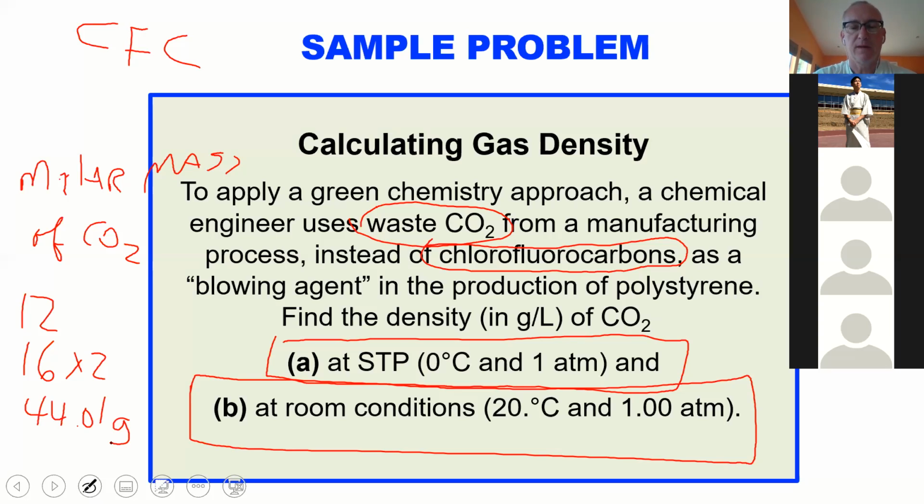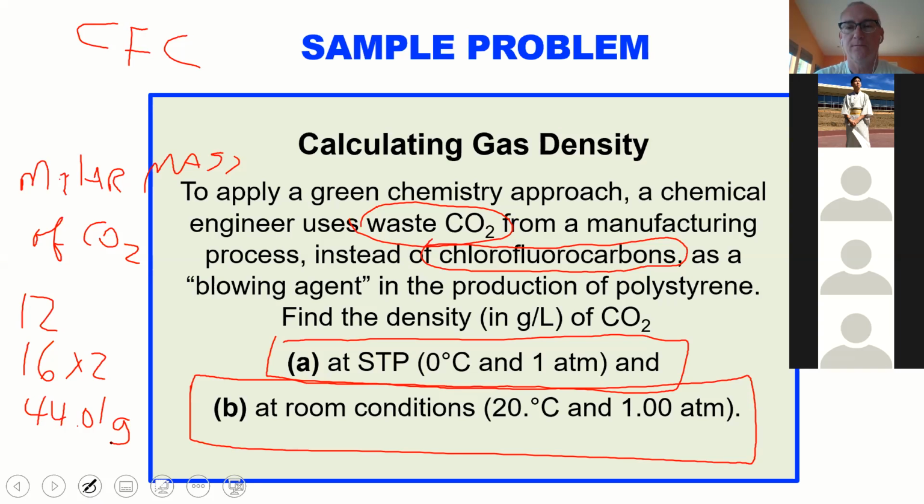Now, we should remember at standard temperature and pressure, what would be the volume of a mole of CO2? Anyone remember at STP? A mole of any gas has the same volume.